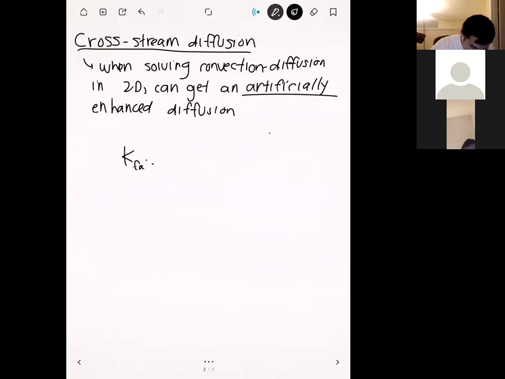To quantify this, I called it K false. I gave it the symbol K because that refers back to our original convection diffusion equation. If you think back, it looked like this.